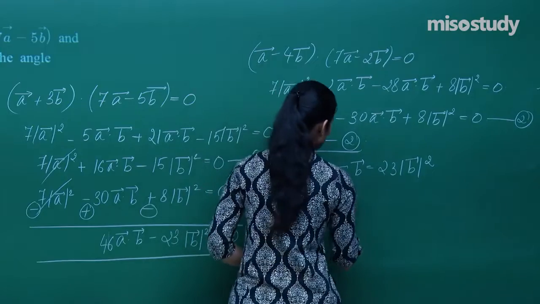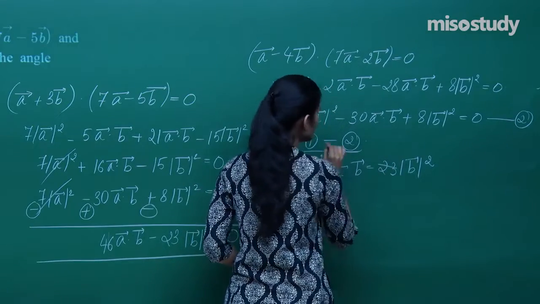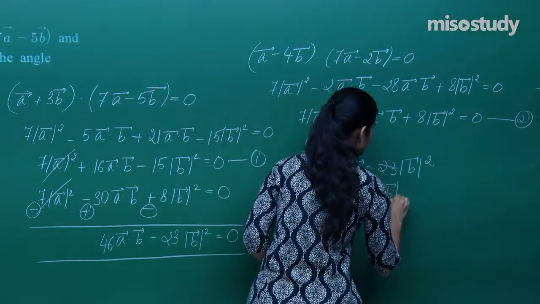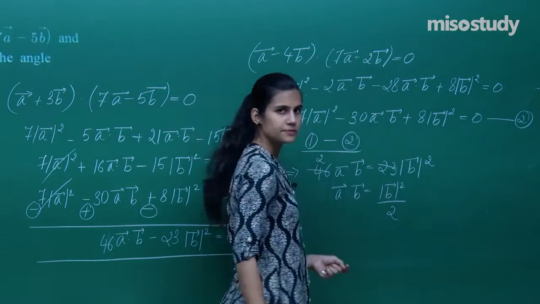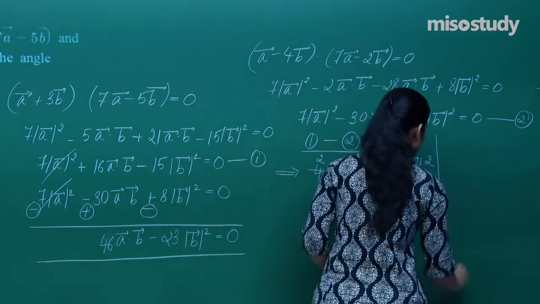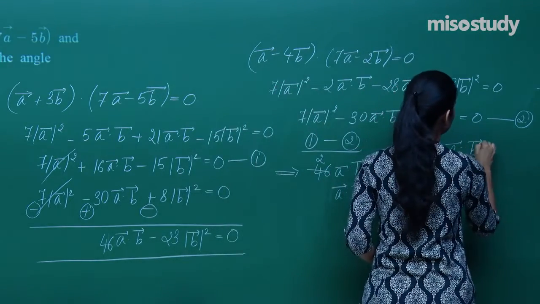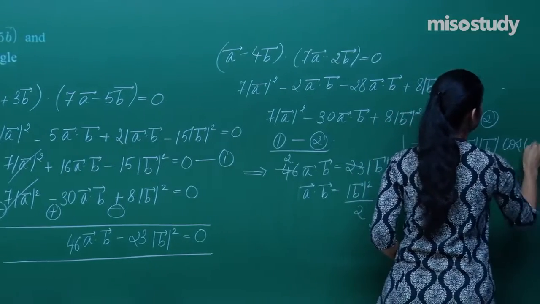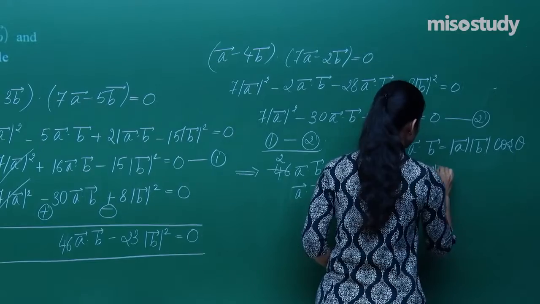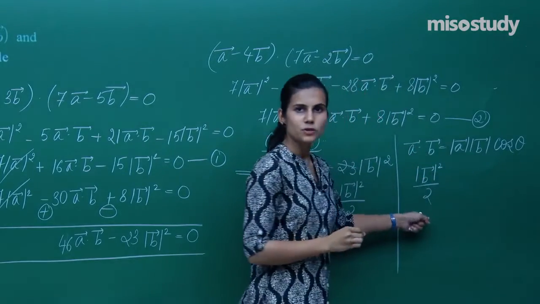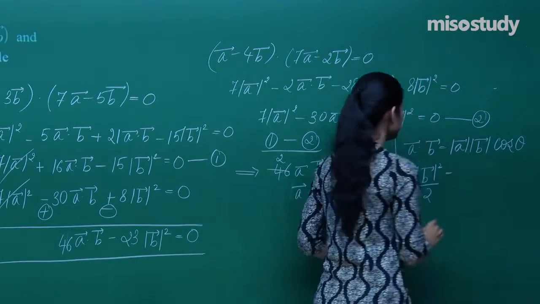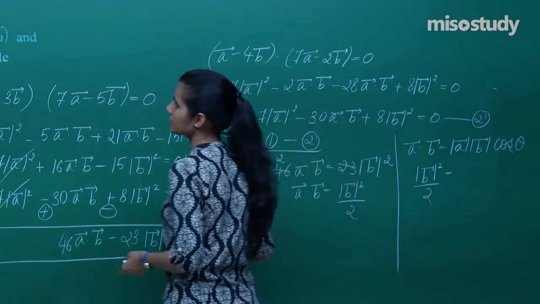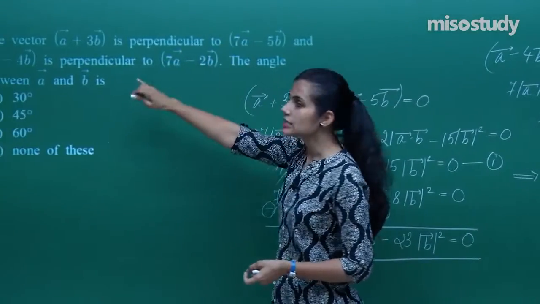So what do you get from here is, because 23 into 2 is 46, you get a dot b is mod b square by 2. If a dot b is this, but you also know that a dot b is mod a mod b cos theta, that means mod b square by 2 equals... Now what is given in the question is that this is perpendicular to this and this is perpendicular to this.